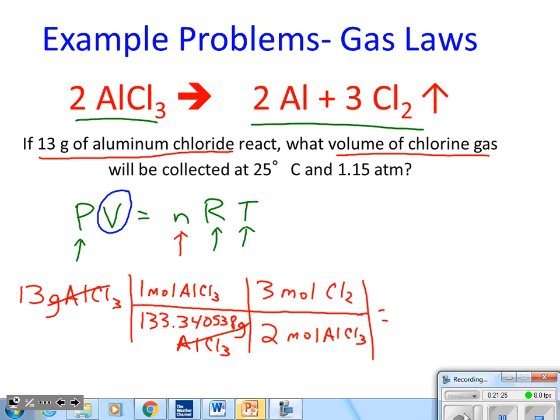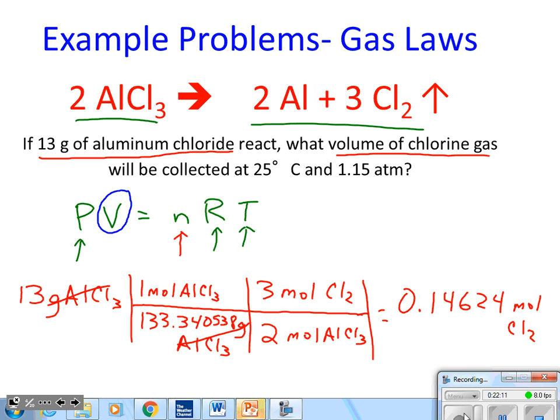So when I do my math, and I take 13, divide it by the molar mass, and then I come up with a value of 0.14624. I'm taking it out as many digits as possible because I'm not done yet, am I?